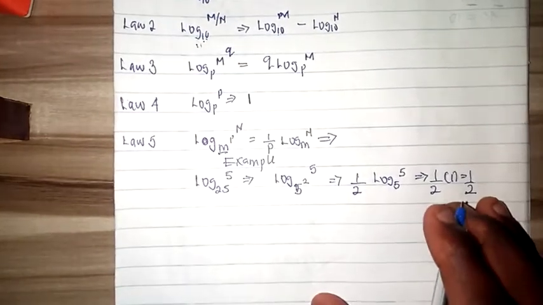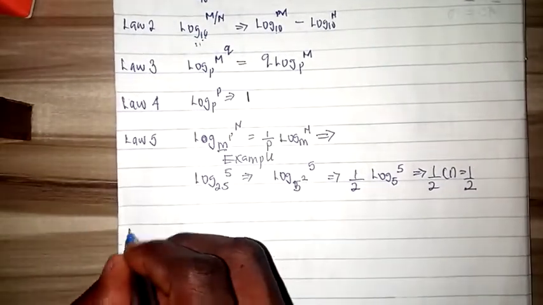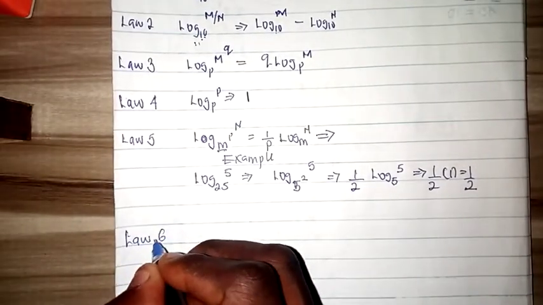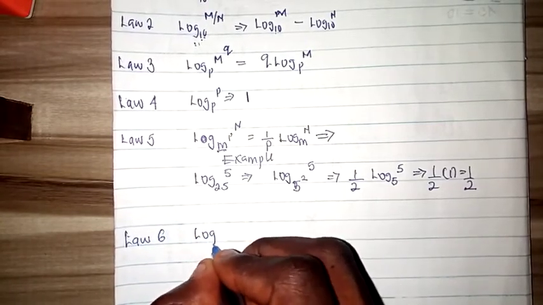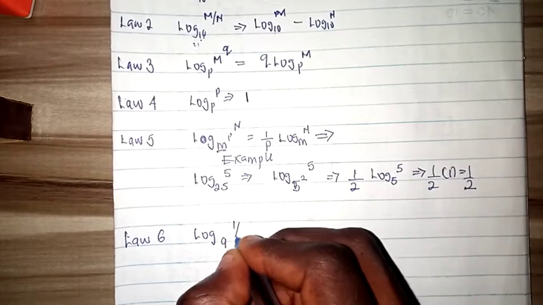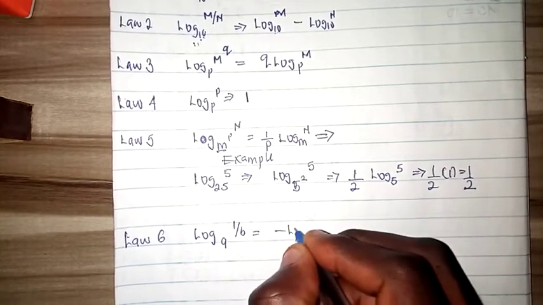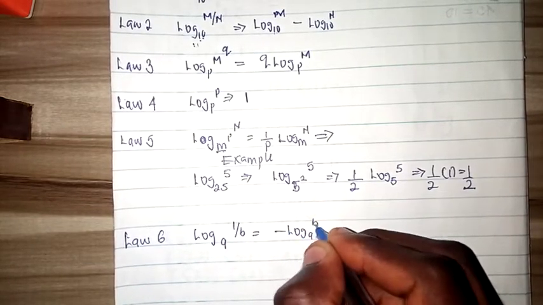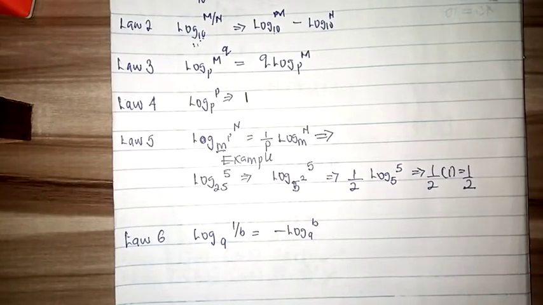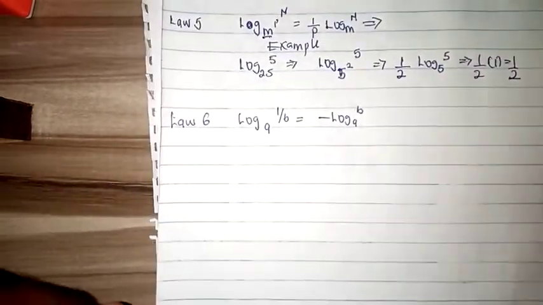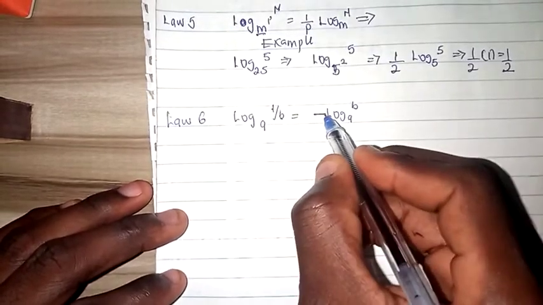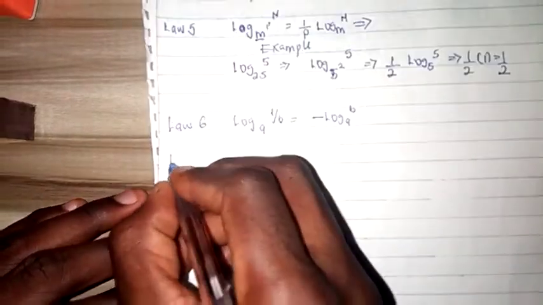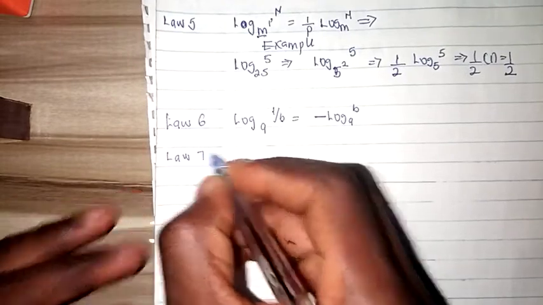That is another law. Law 6 now. You may not be familiar with this law, but it's very simple to know. When you have the inverse 1 over b, it changes to what? Minus. Law 7 now.